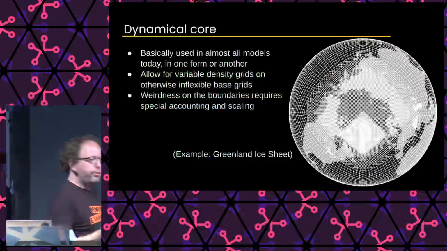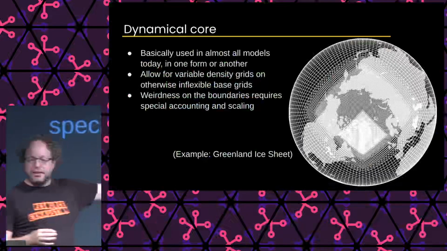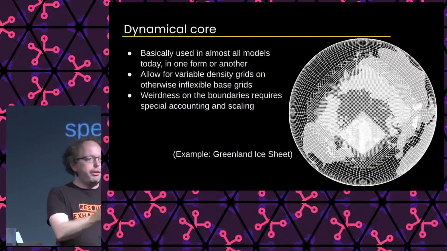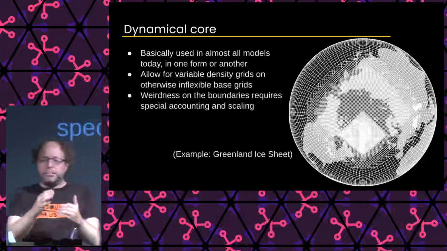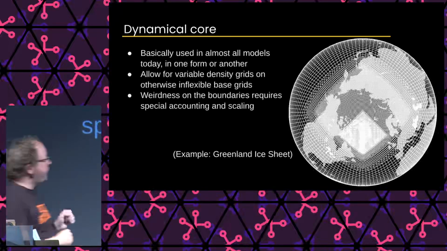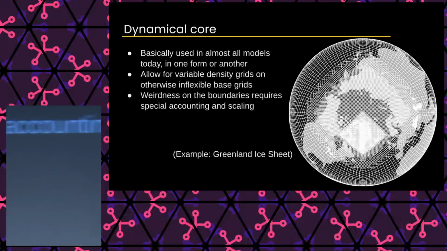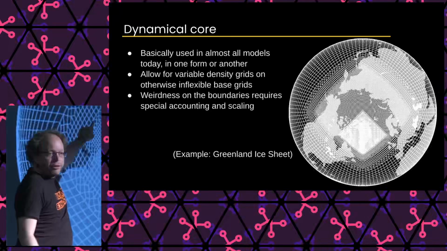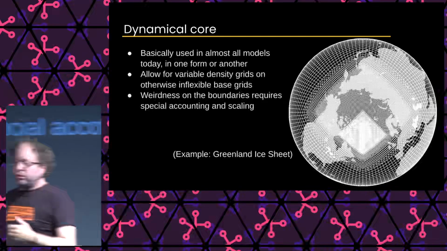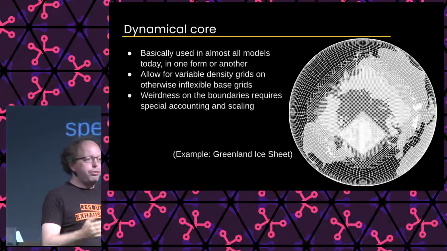So one thing we can do is be more flexible by using a dynamical core, where we say some area we really care about, so let's be more accurate there and less accurate elsewhere. The problem with this is you end up having to deal with all these special boundary conditions where you have this transition from low resolution to high resolution. And so you need to do special accounting.